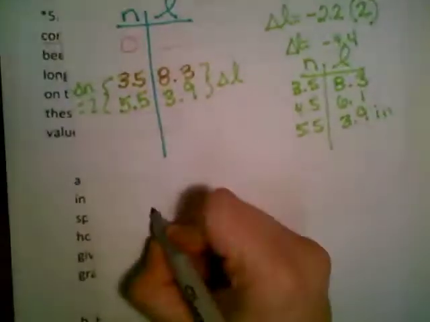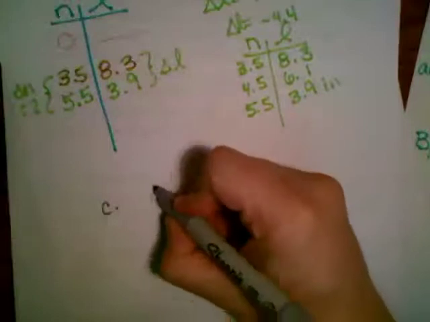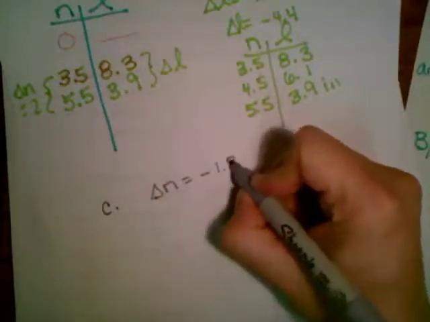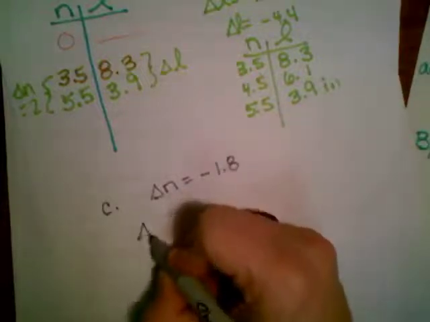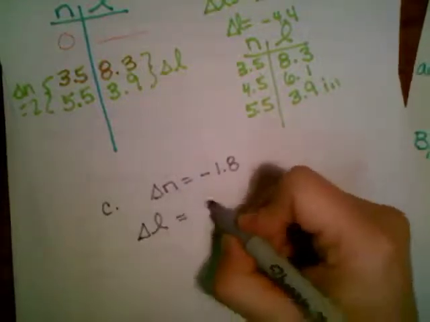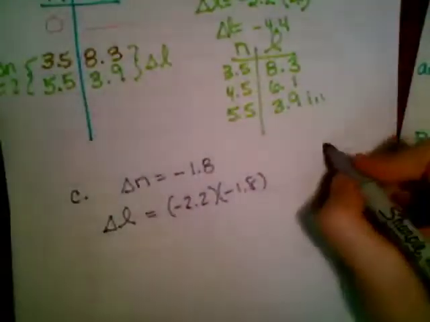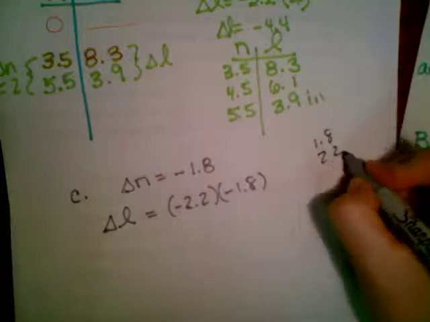Okay. So now we're working on part C, where we wanted to have change in number of hours as negative 1.8. So the corresponding change in L will be negative 2.2 times negative 1.8. Okay, so a quick calculation.